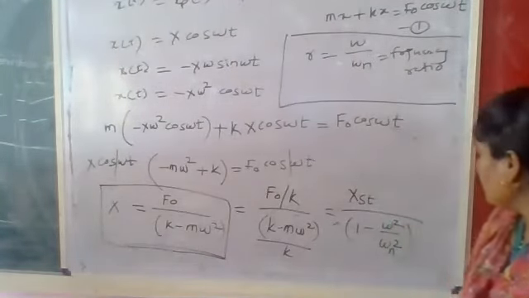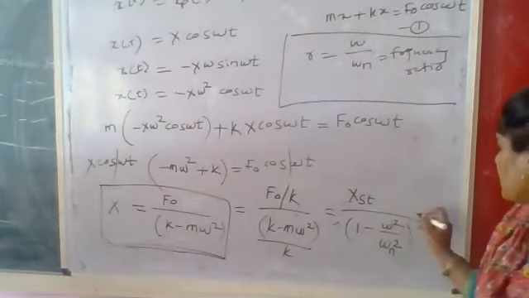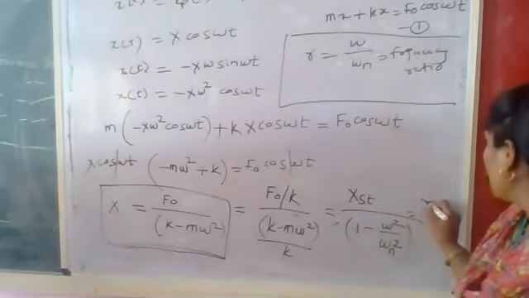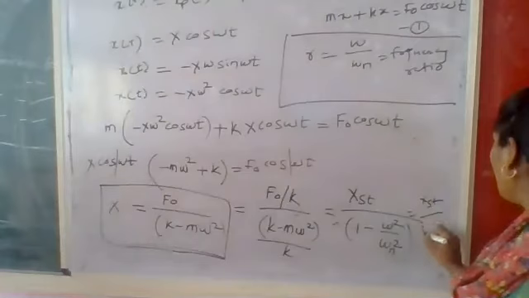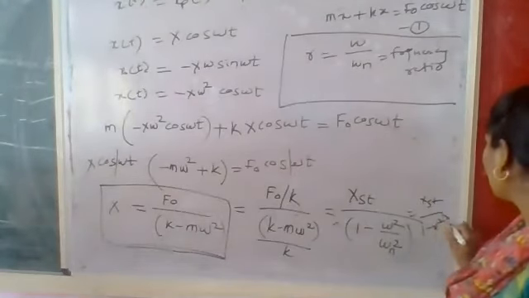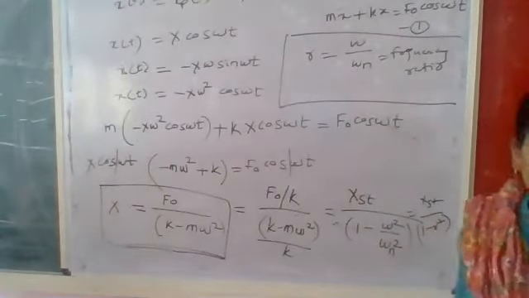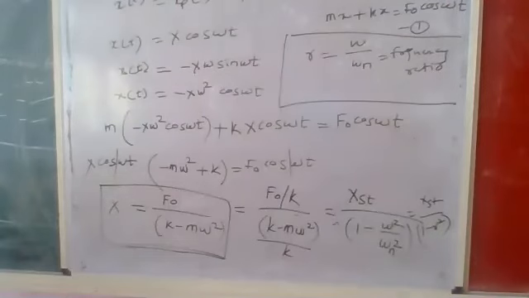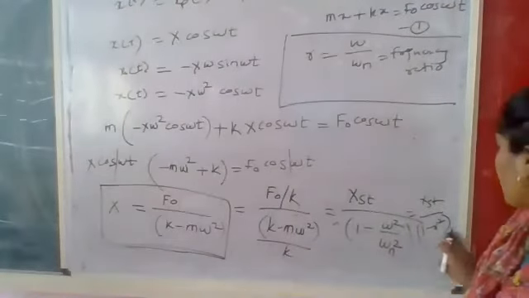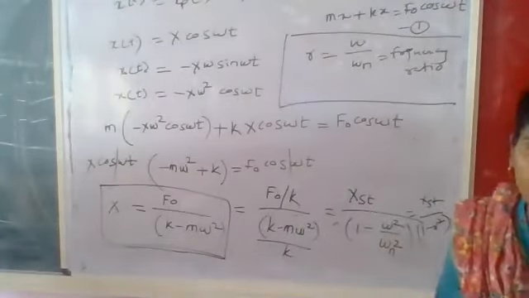All of you write this down. Based on this, you can write x is equal to x static divided by 1 minus R square. That is the formula.